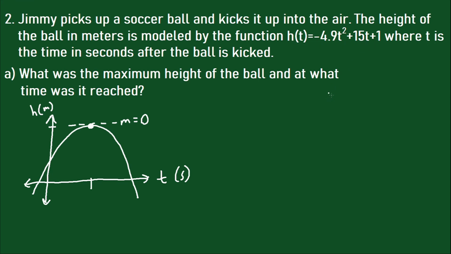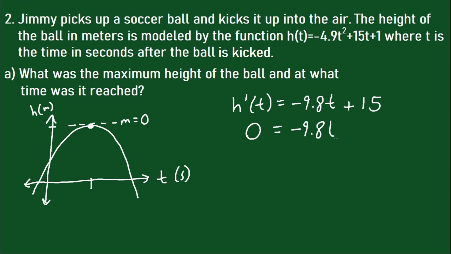So let's take the derivative of that equation, h prime at t. If we do this, we're going to get -9.8t + 15. I'm just using the power rule to take the derivative. Now we want to figure out where this is equal to 0, so we can say 0 = -9.8t + 15, and now we can solve for t. 9.8t is equal to 15.